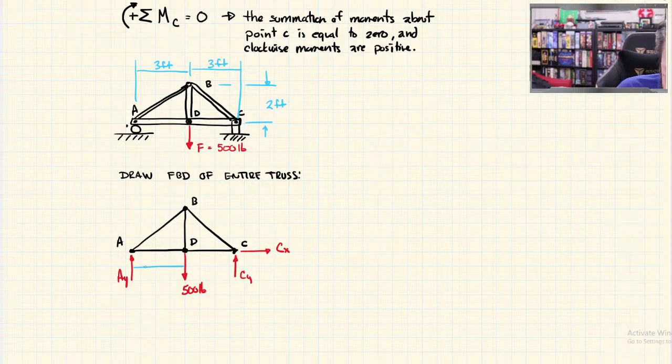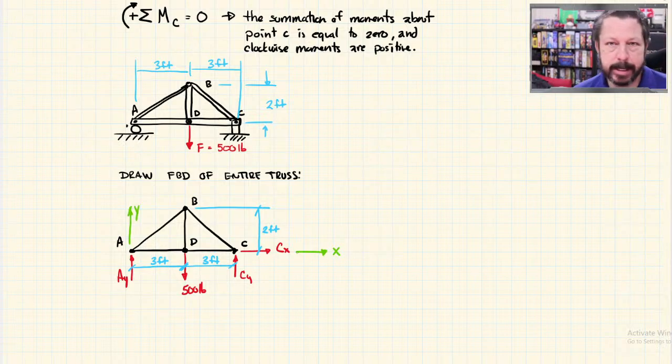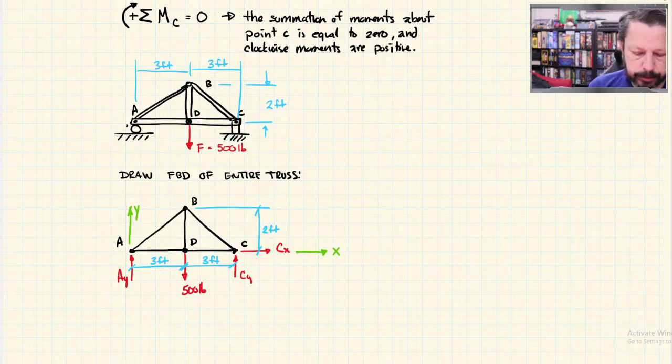I had 3 feet, 3 feet, and 2 feet. And just to be totally complete, I could say that there's the x-axis and there's the y-axis. Okay, so there's my free body diagram of my little miniature truss.